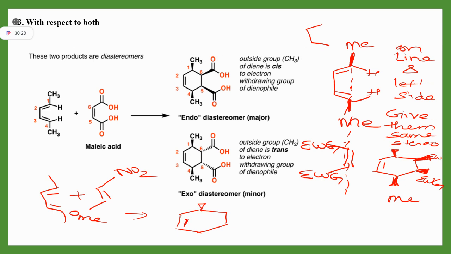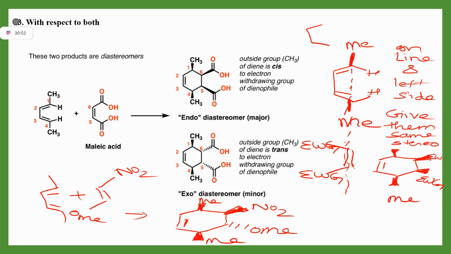Let's say I am drawing these methyls on wedge, because as per rule number 1, they will come on the same side. Now tell me, will NO2 be on wedge or dash? NO2 will be on wedge. Very good. NO2 will be on wedge, and OMe will be on dash. Why is NO2 on wedge?